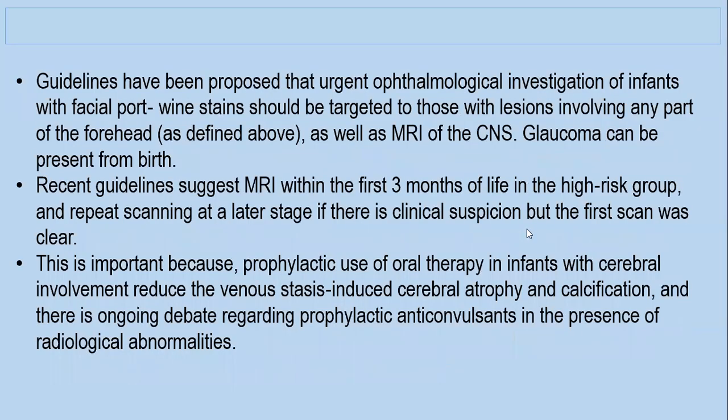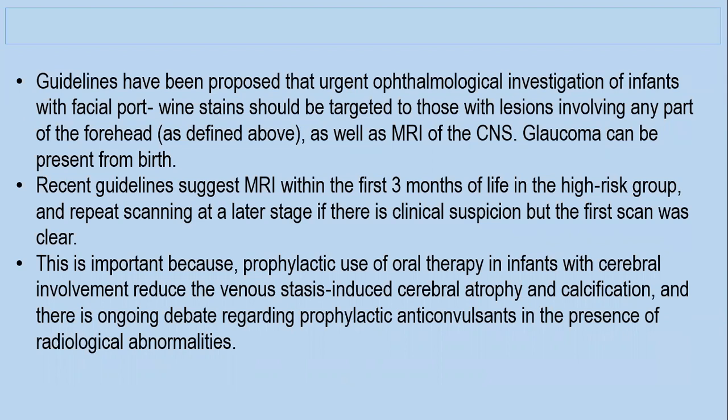Guidelines have been proposed that urgent ophthalmological investigation is required for infants with port wine stain, targeted for those with lesions involving any part of the forehead, as well as MRI of the CNS, and glaucoma can be present from birth. So recent guidelines suggest MRI within the first 3 months of life in the high-risk group and repeat scanning at a later stage if there is clinical suspicion, but the first scan was clear.